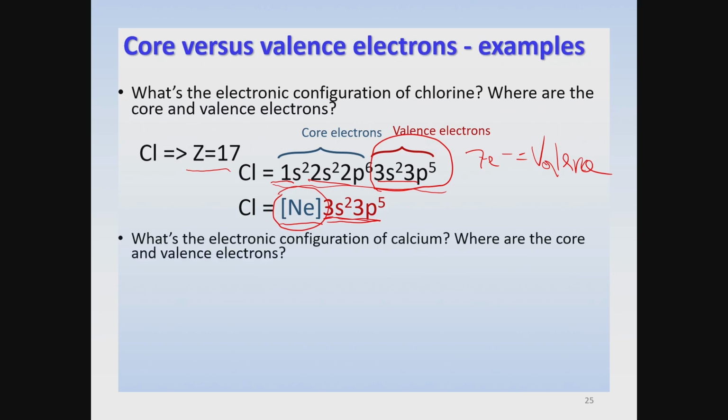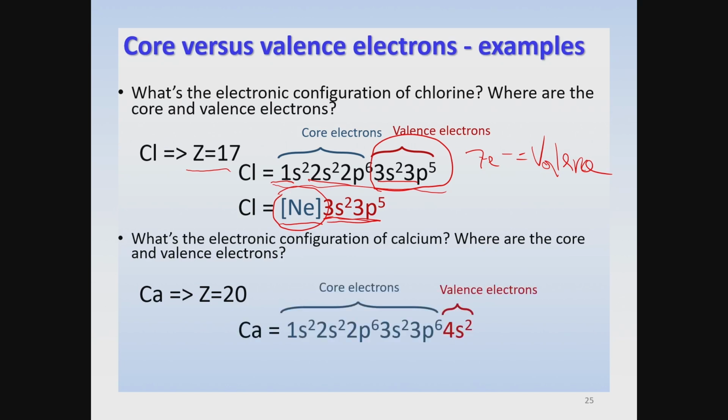Okay, so let's do another one. Let's figure out the number of valence electrons in calcium. There's calcium, its atomic number is 20 here. And here is its configuration, and I'm hoping you'll be able to write that out. What you'll see is that there's a first energy level, a second, a third, and a fourth.